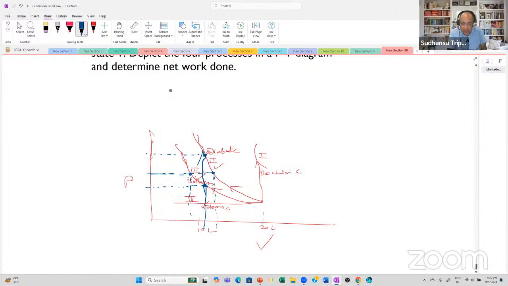Because in adiabatic temperature is more, we have kept the volume fixed, this point and this point, kept the volume fixed. So as the temperature is more, the pressure is more. Here temperature is less, pressure is less. That is Hamilton's law.